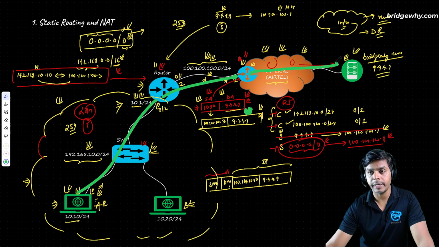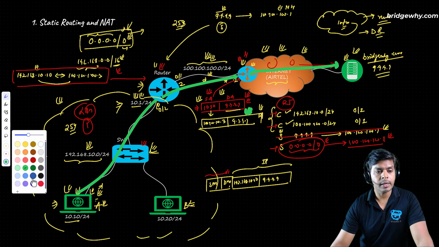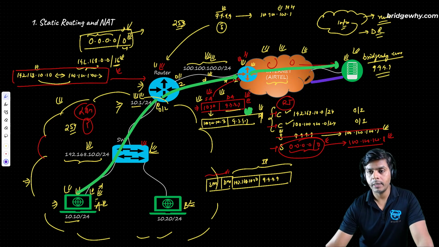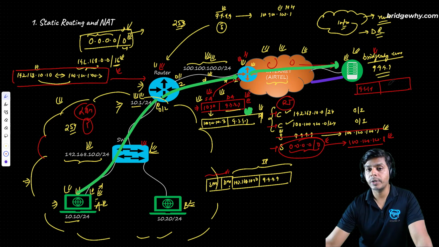The packet will be reaching here, and then the reverse packet will be coming, right? The contents of the reverse packet are, if I may write in the red color, the source and destination will be changed. This time the source will be 9.9.9.9, my bridgewhy.com address, and the destination is going to be 100.100.100.3.